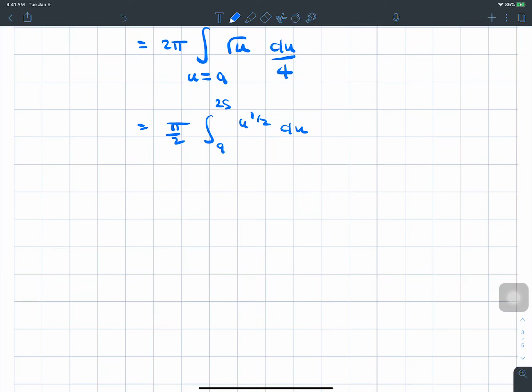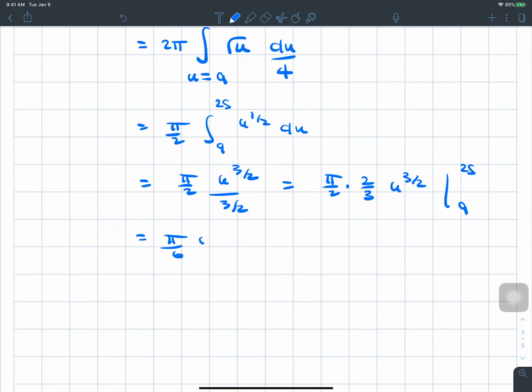And I guess we get what? Pi over 2 u to the 3/2 over 3/2, which is pi over 2 times 2/3 u to the 3/2. U is 9 and 25.